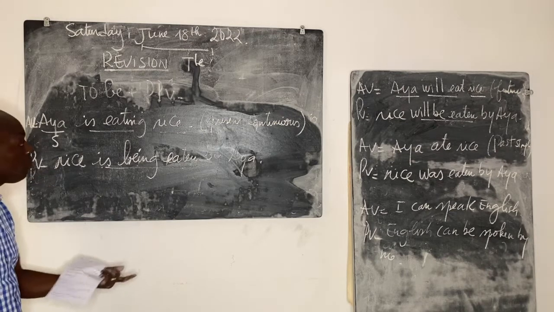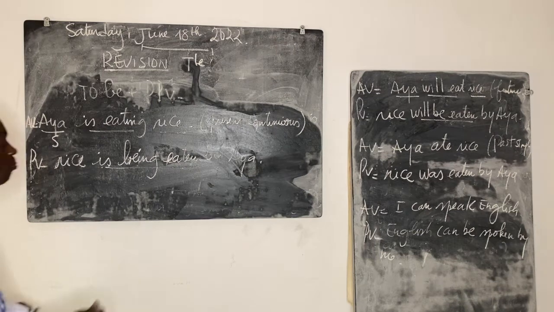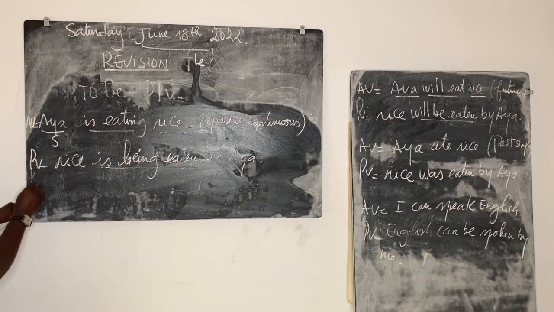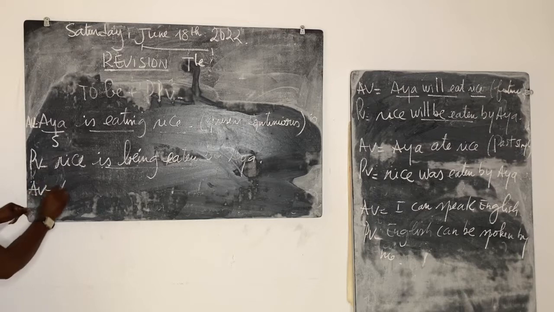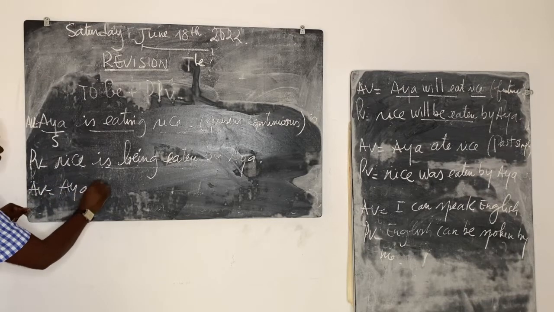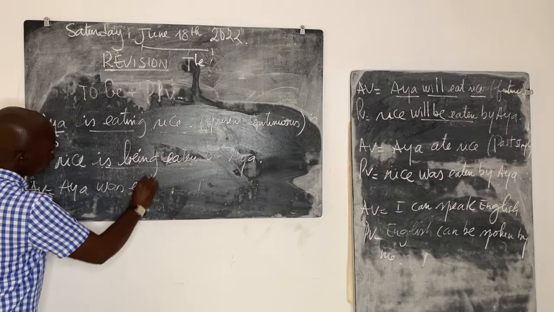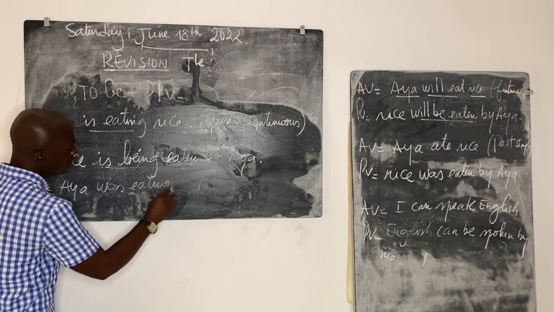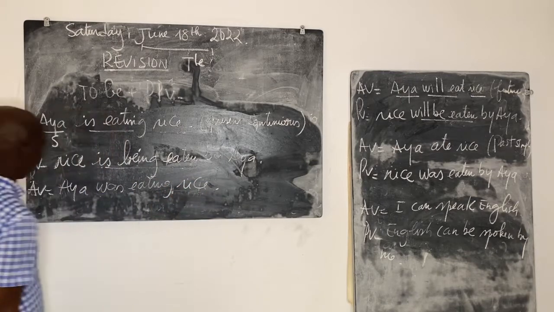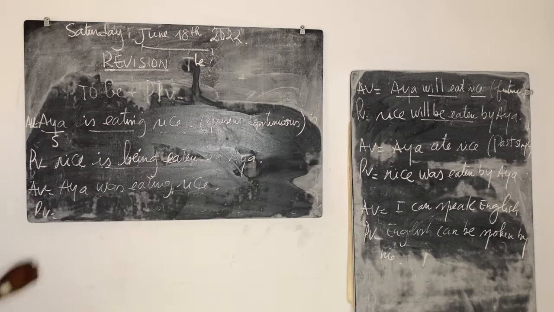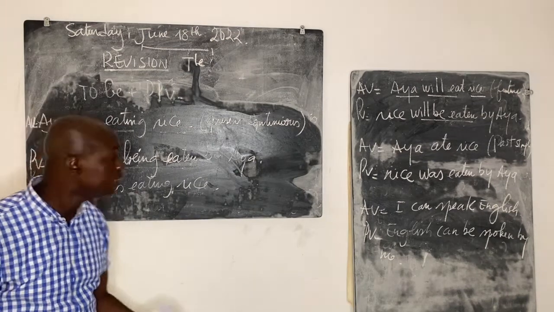And we're going to talk about the passive progressive. The same sentence. When I say that Aya was eating rice, the sentence here is in the past progressive.